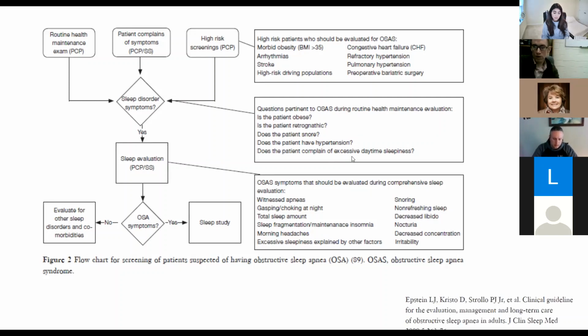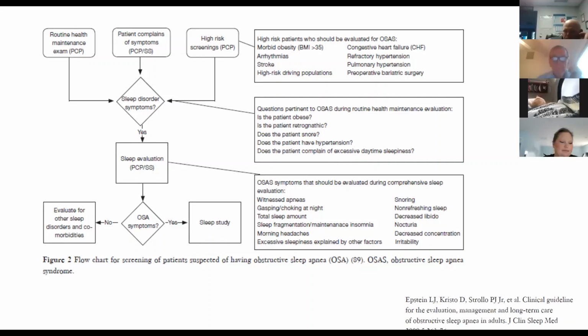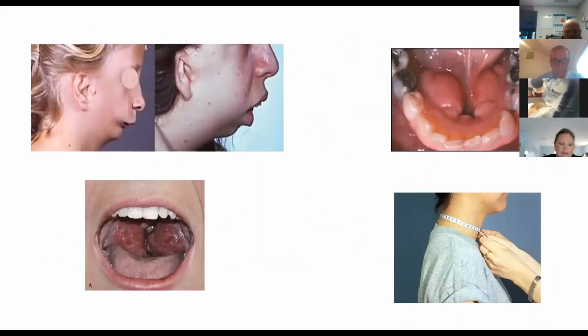Does the patient snore? Do they have hypertension, or are they excessively sleepy? If they have OSA symptoms, we typically want them to get a sleep study. And in our state, unfortunately, we don't have enough specialists for everyone to be referred to a sleep specialist or one of the specialty clinics that deal with sleep, for every single person who probably has this diagnosis.